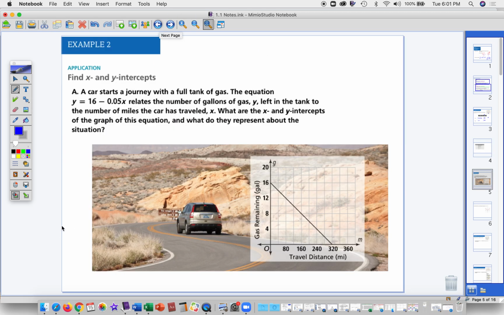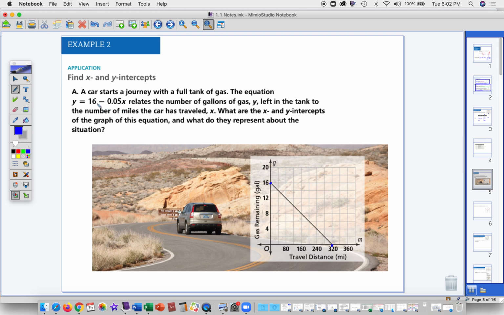Okay, on to example 2. X and Y intercepts. Those are the points where the graph touches either axis, right? There's our Y intercept, here's our X intercept. So a car starts a journey with a full tank of gas.